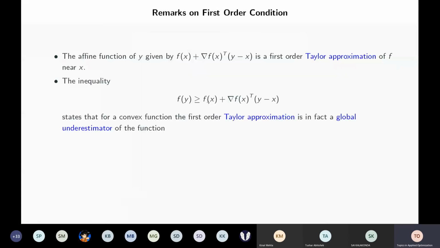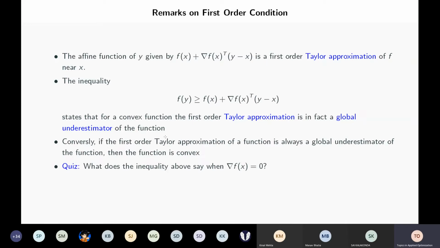So this is the approximation, the affine function given by this. Now we know that this is indeed a Taylor approximation of the function f near the point x. The inequality here states that for a convex function, the first order Taylor approximation is actually a global underestimator of the function.